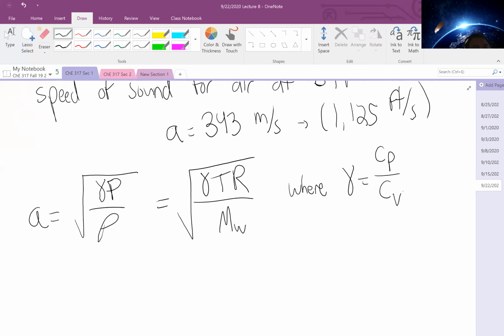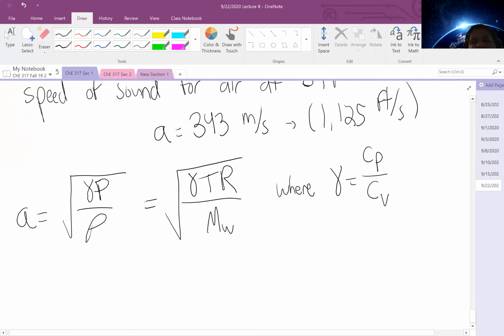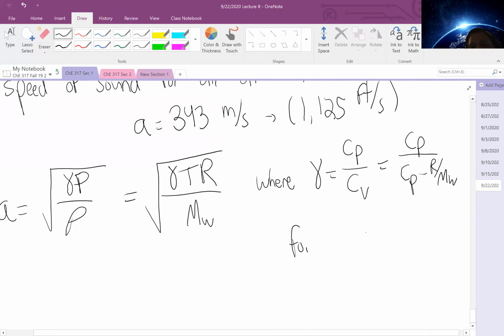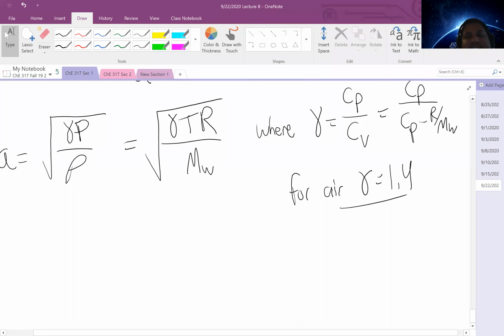And this gamma value is going to be unique to each fluid. So for example, for air, gamma is going to be equal to 1.4. I would just make a note of that because that's going to pop up quite a bit in this section.